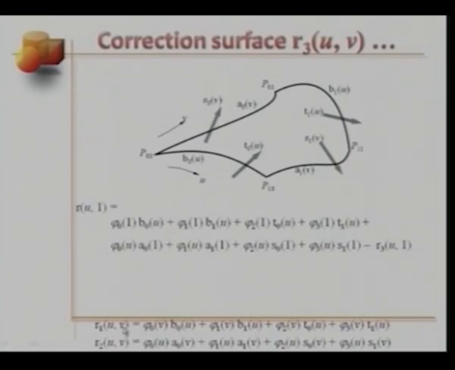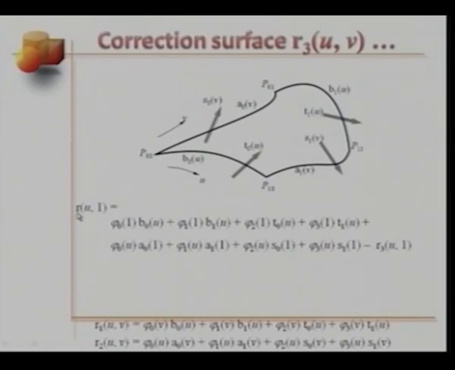Plug in v equals 1 in this expression to get this expression, which is phi 0 of u, a01, plus phi 1 of u, a11, plus phi 2 of u, s01, plus phi 3 of u, s11. And of course, we have minus r3 u1.